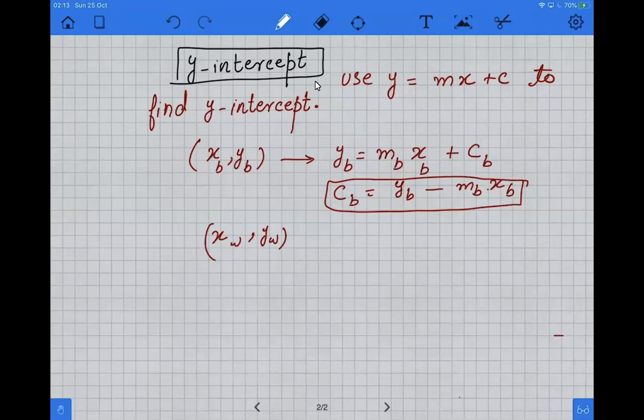So to find the y-intercept of worst line, y worst is equal to m worst x worst plus c worst.